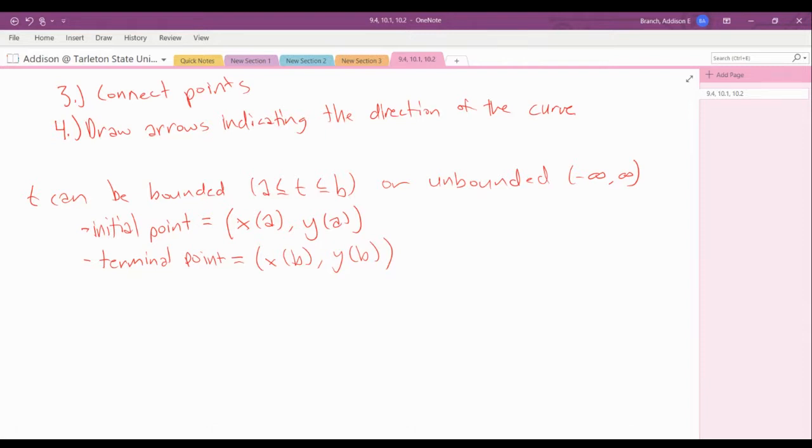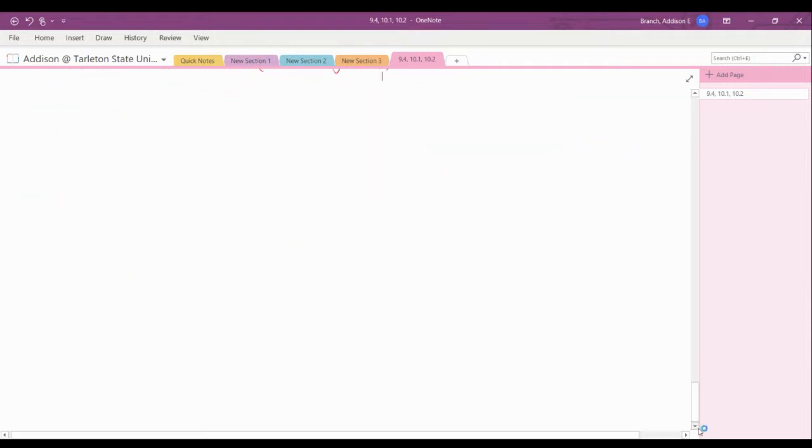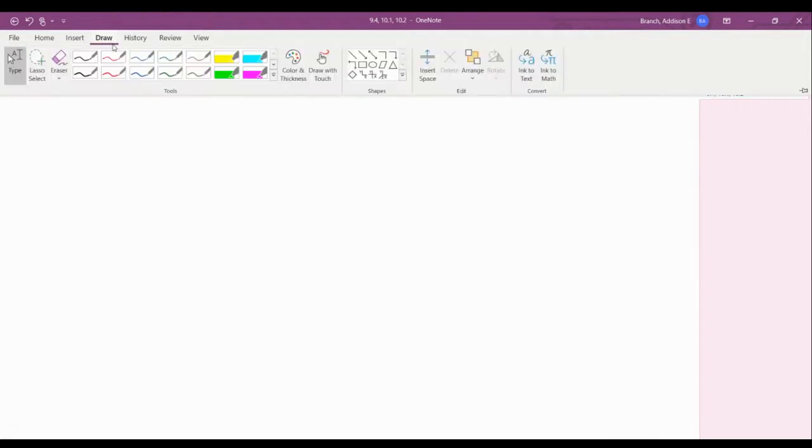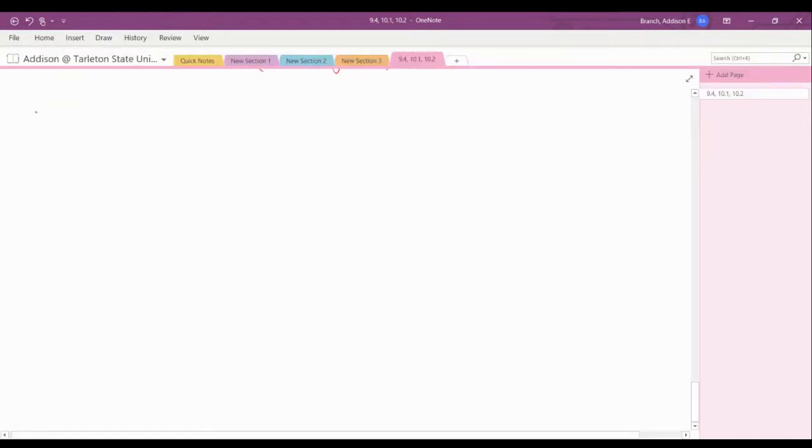So let's go ahead and do an example of how we can graph and visualize parametric curves. In this example, we have x is equal to t cubed plus t, and y is equal to t squared plus 2.